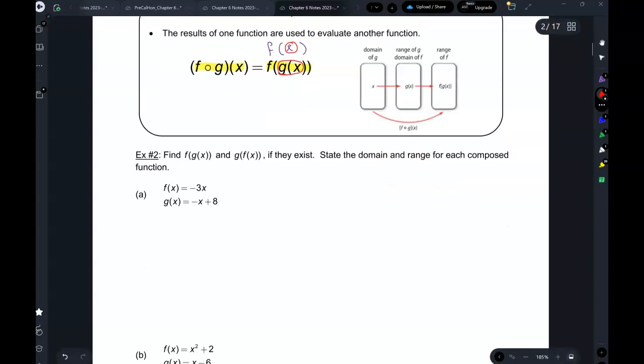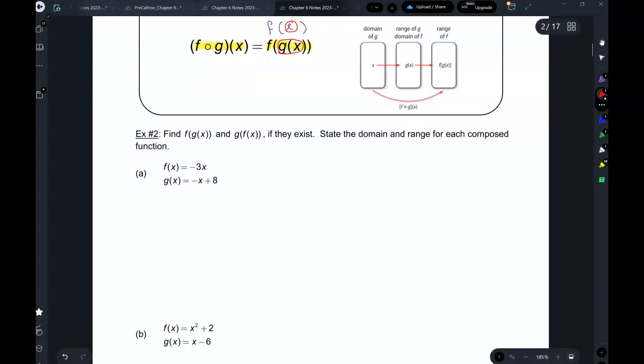Okay. So here I have f of x and I have g of x. And I have to find f of g of x. Let me write down here. Okay, this is what I need, right? F of g of x. Okay, do you see how there is f and g here?